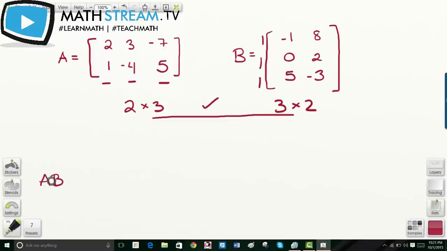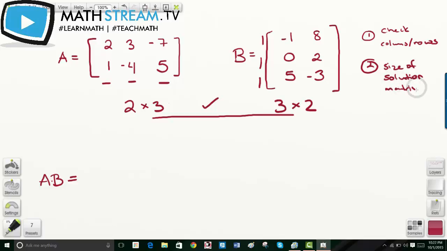So the first thing we do is check to make sure that the columns and the rows match up. And then the second thing we do is decide what the size of our answer is. So let me write this down. The first thing is check for columns, rows. And the second thing is we decide on the size of the solution matrix.